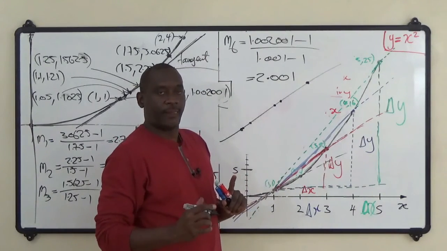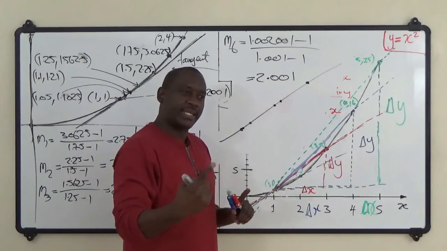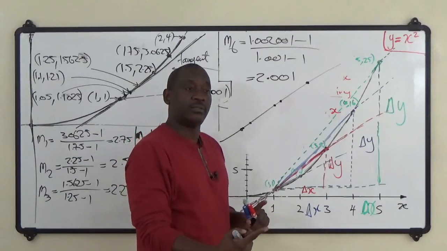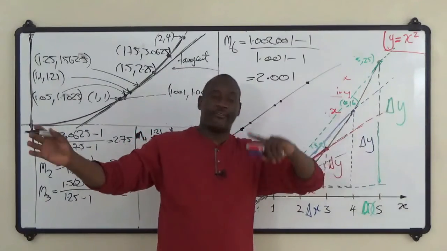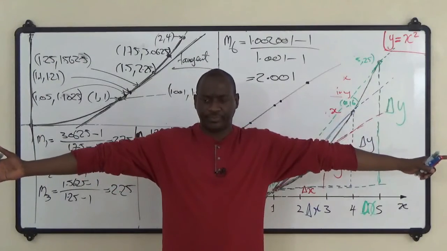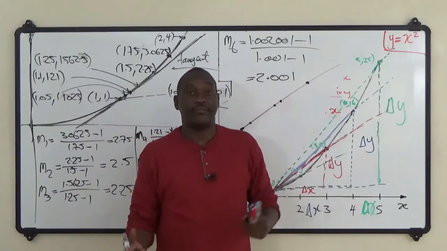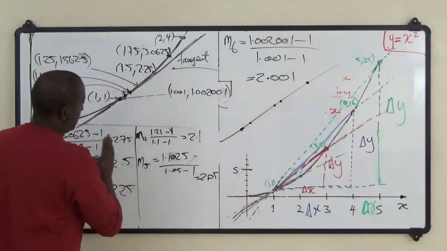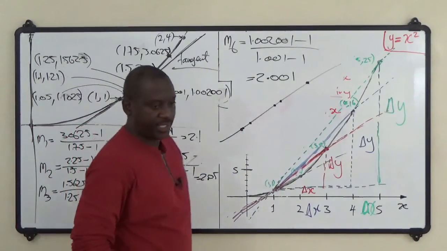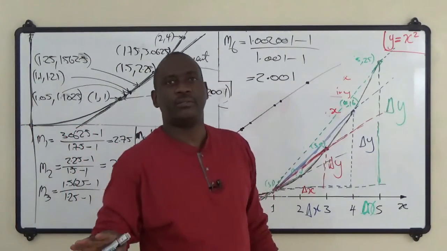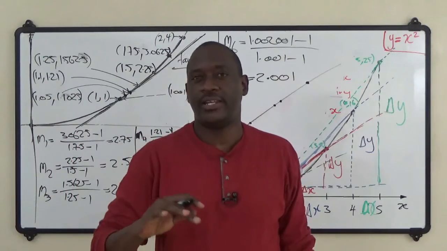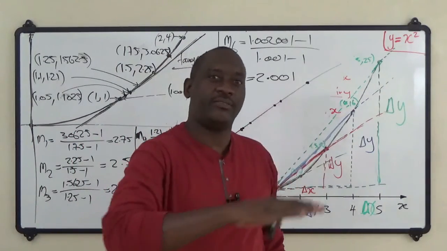In other words, the gradient of the tangent at each point will be different to the gradient of the tangent at every other point on the curve. And that is one of the things that differentiates a curve from a straight line. Straight line, the gradient is the same no matter what. Curve, the gradients change as you move along the curve.